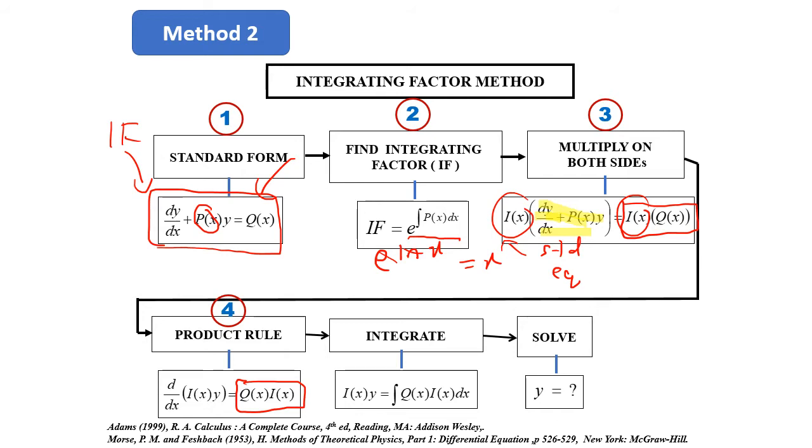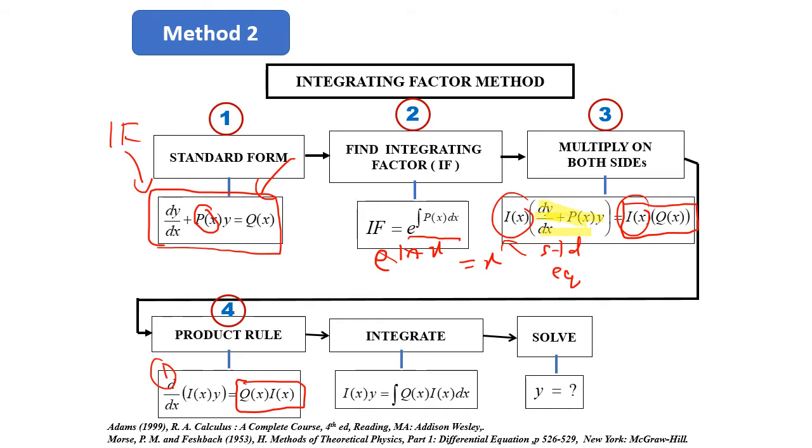So what will happen in step number 4, the product rule, our notation for the left hand side would be, first we will write d/dx if the variable is in terms of x.